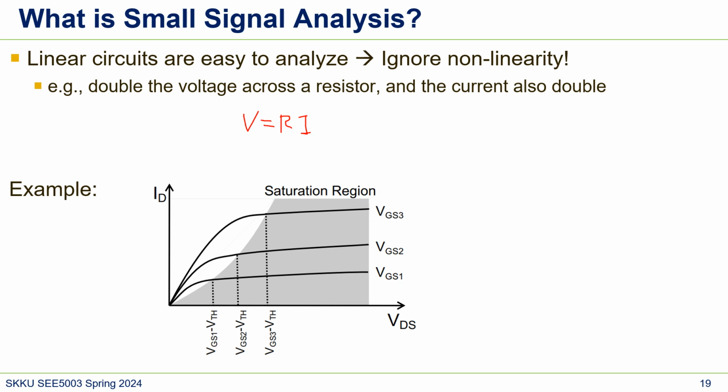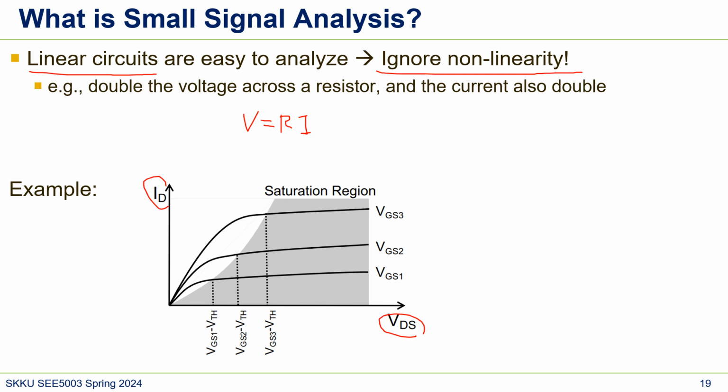But in a MOSFET, we usually don't see any linearity because this resistance is changing. But we like linear circuits because they're easy. So we want to ignore non-linearity. But can we? In this example, this is just an IV curve of a MOSFET, right? And this part is the saturation region.